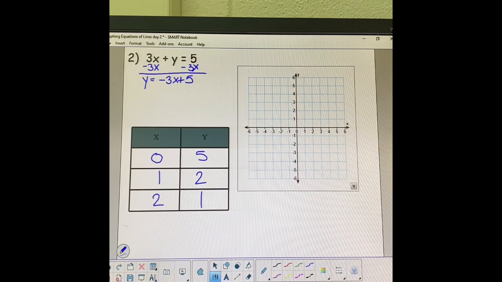We're going to plot those points, and after you plot those points, you'll notice we do have a y-intercept at 0, 5. We do have an x-intercept, except I don't know what the exact value is on the x-axis.